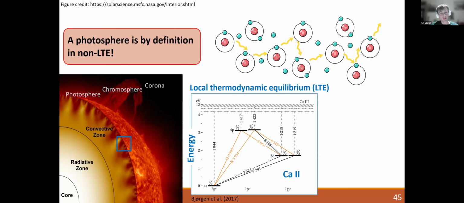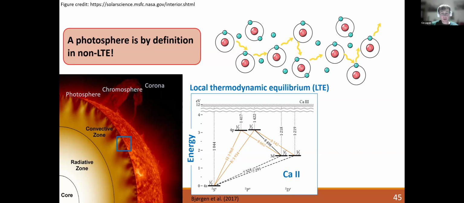That's not true, because we see photons from the subsurface, so photons must escape. That's why, by definition, the photosphere is not in LTE. The nice thing about LTE is that it's very easy, it's computationally efficient, and sometimes it's perfectly fine. It's good enough for the work you want to do.